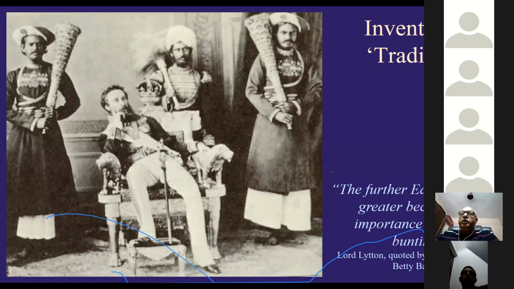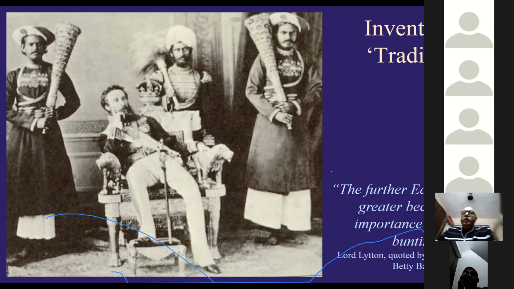This is something that was discussed in the 1970s by the historians Burton Stein and Bernard Cohn, who referred to it as the inventing of a tradition. Now, it's a very paradoxical word. When people talk about tradition, they think that it is very old. However, certain traditions are not that old.